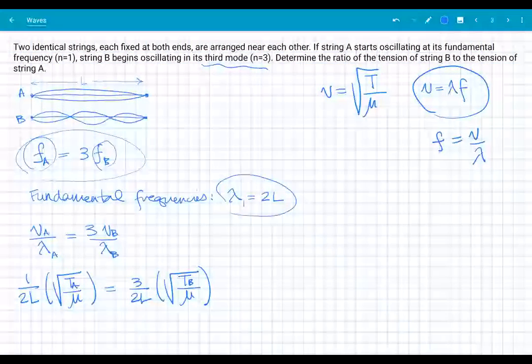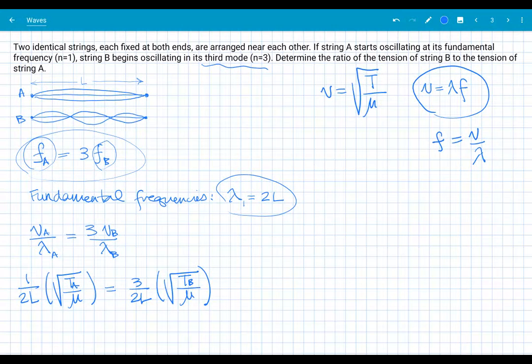And then I'm going to pause for a moment, and you might ask, how do we know the tensions are different? The tensions have to be different because the strings themselves are identical, right? So the only thing that could make them have different fundamental frequencies is that they have different tensions. And remember that it's the medium that determines the wave speed, and in this case, the medium is the string. The strings have the same linear density, so that's not going to cause any different wave speed, but they can have different tensions.